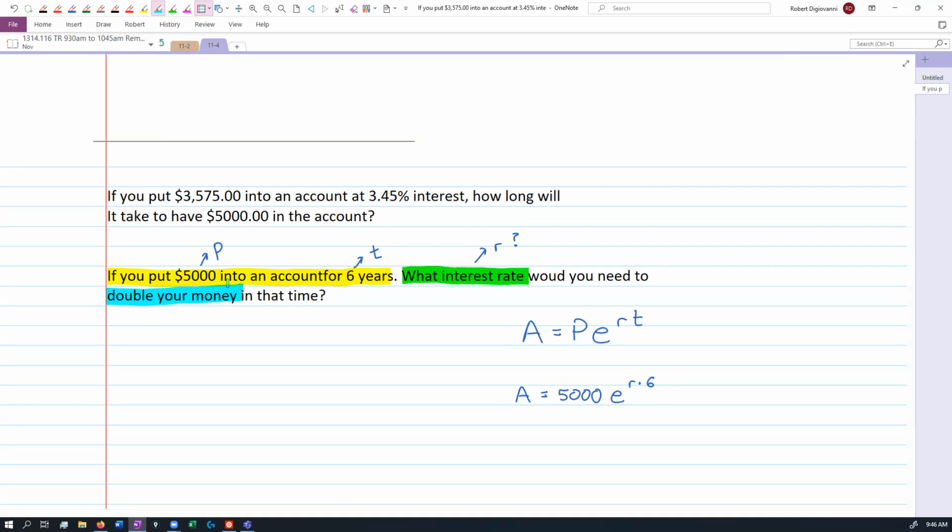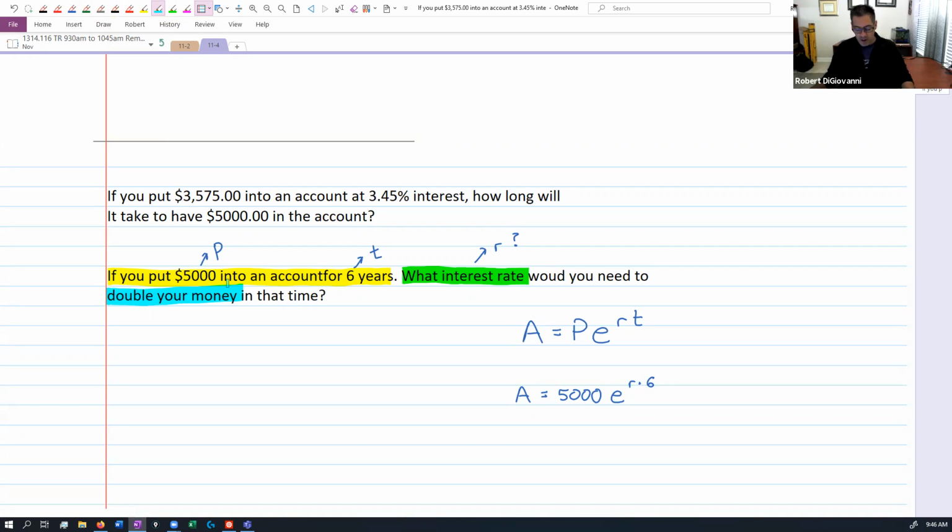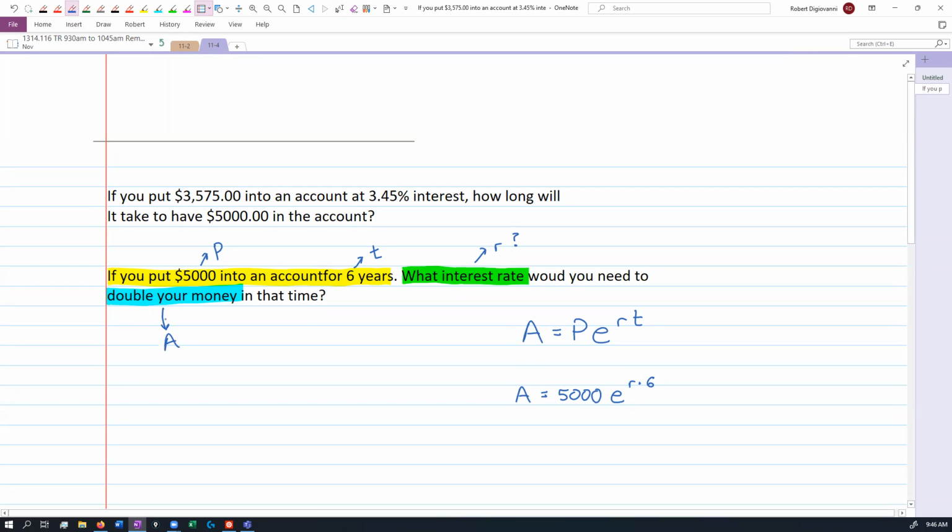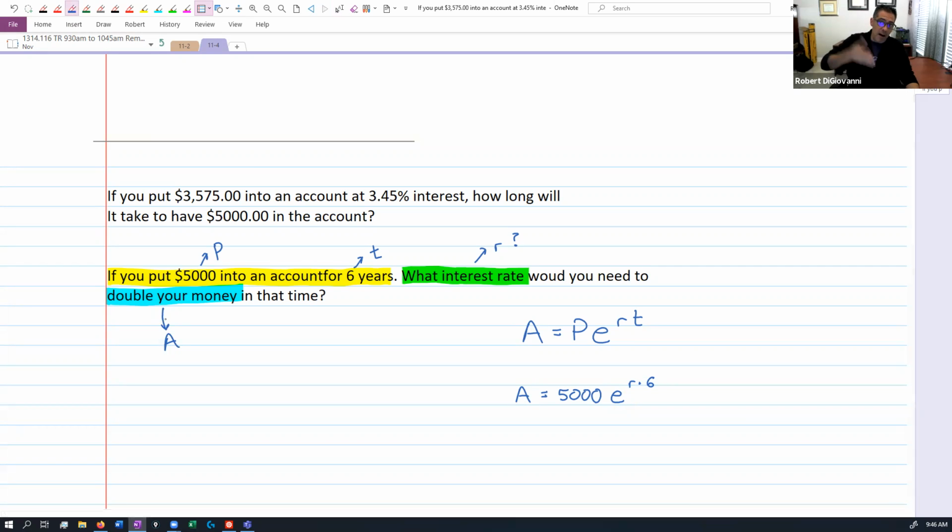10,000. We want at the end to have 10,000. So in our equation, what is the 10,000? The A, the amount at the end. We're doubling our money, so we're going from 5,000 to 10,000.